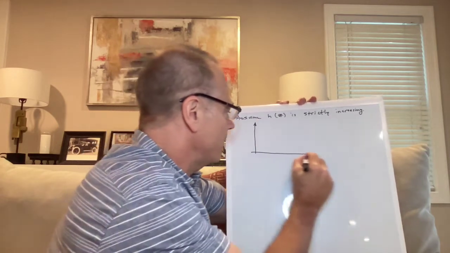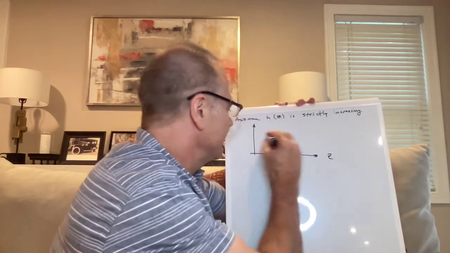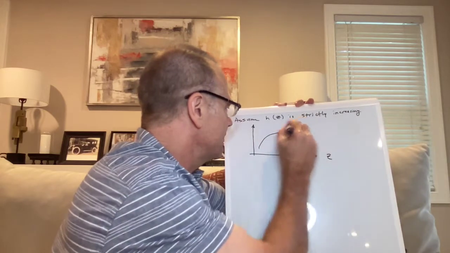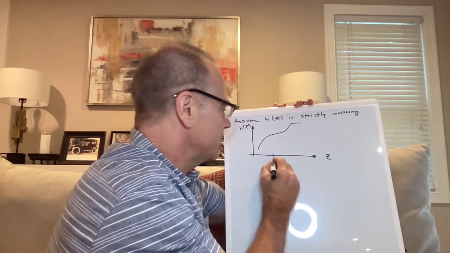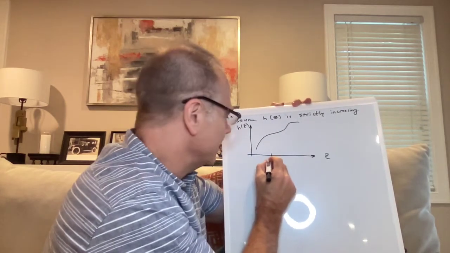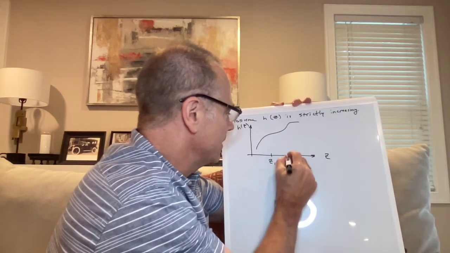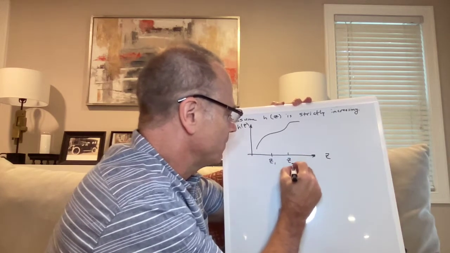If this is z and this is h, and let's suppose we have two values of z, call them z1 and z2.